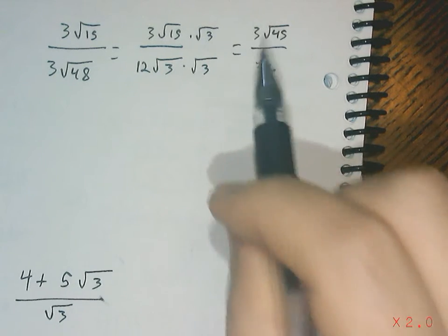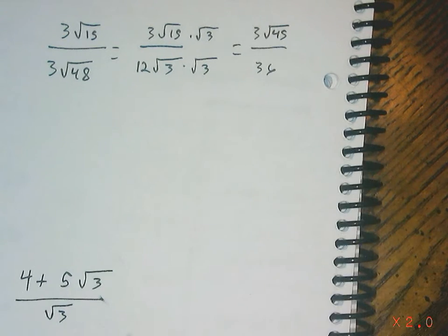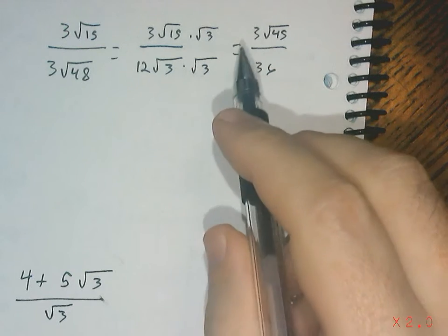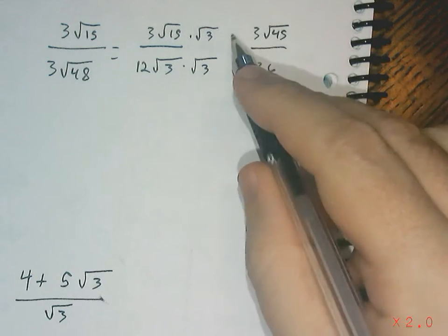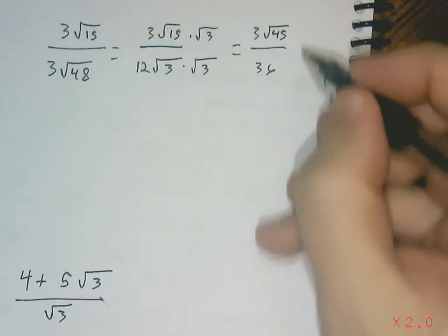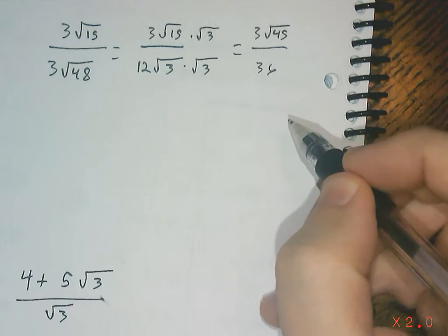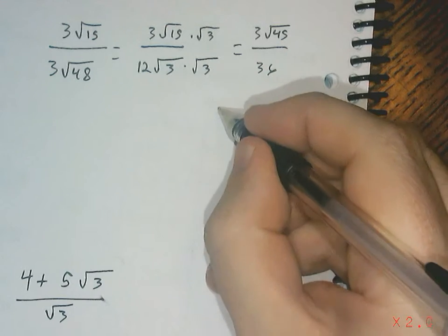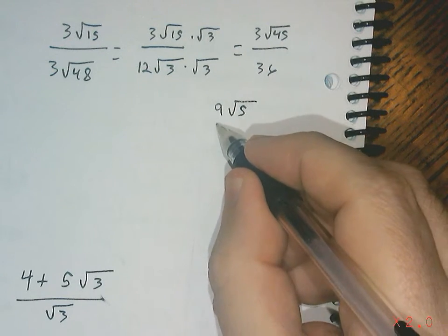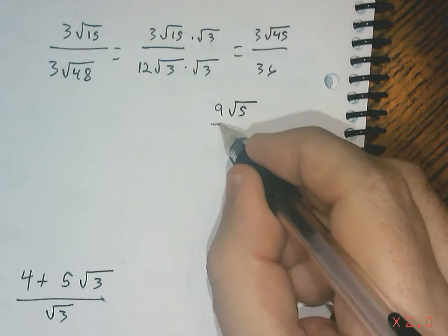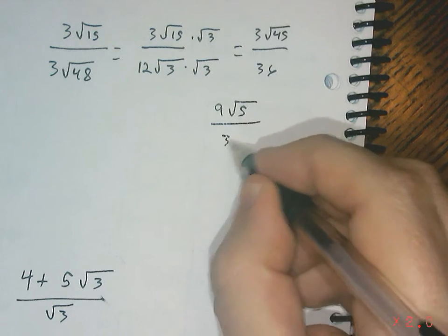So I can take out a 9, and it would become 3 times 3, which is 9, times the square root of 5. So 9 times square root of 5 all over 36.